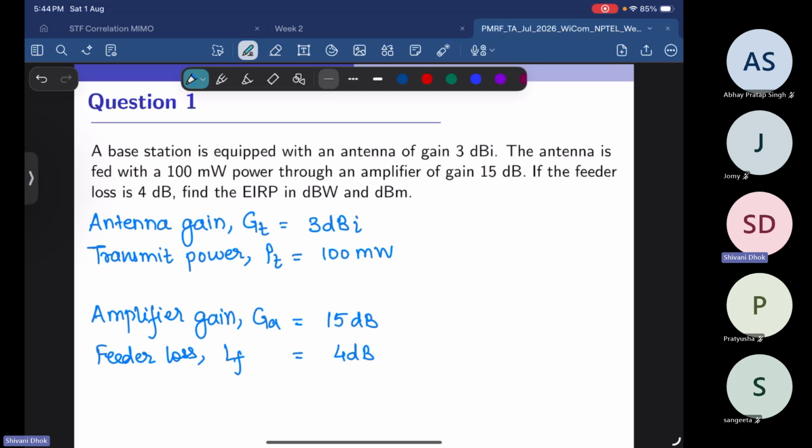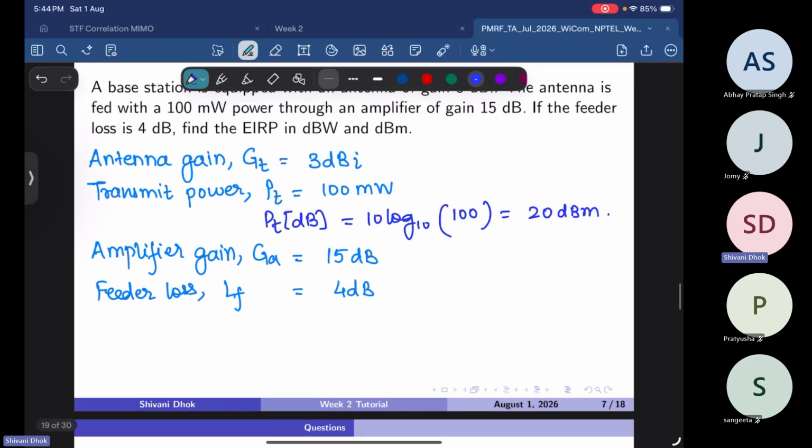Okay, so this is what we have. Since we want to find the things in dBW and dBm, we'll first do it in dBm, because the power that is given to us is in dBm. So the transmit power in dBm will be given by 10 log to the base 10 of 100 milliwatt, that is equal to 20 dBm.